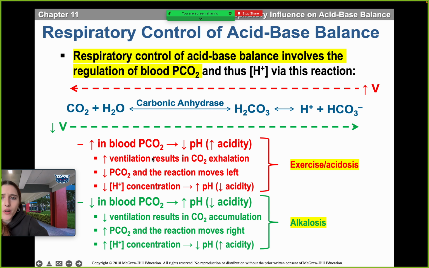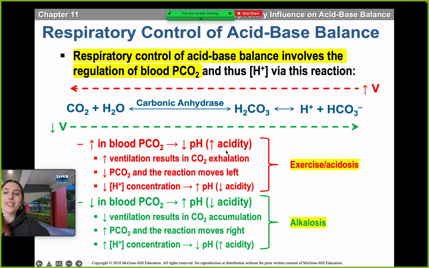So what do I want you to know from this slide? This is showing what's happening in an exercising or acidosis condition where our body's trying to deal with acidity. And this is what's happening in an alkalotic condition where our body is trying to essentially bring pH back down again, okay? So if the blood partial pressure of carbon dioxide goes up because of this reaction, because it's connected to hydrogen, pH goes down, right?